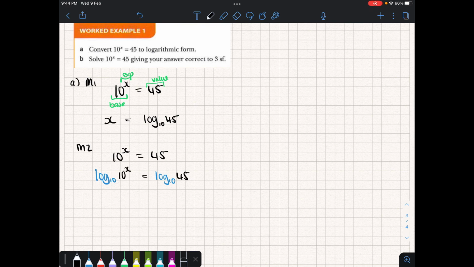What we're saying is log 10 of this must be equal to log 10 of that, meaning the two things that are highlighted must be equal to each other, which is what we started off with, so we haven't really changed the equation much.